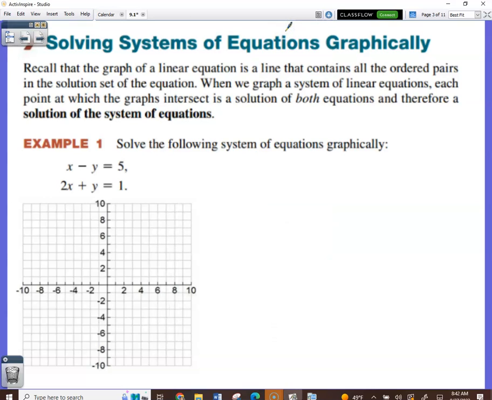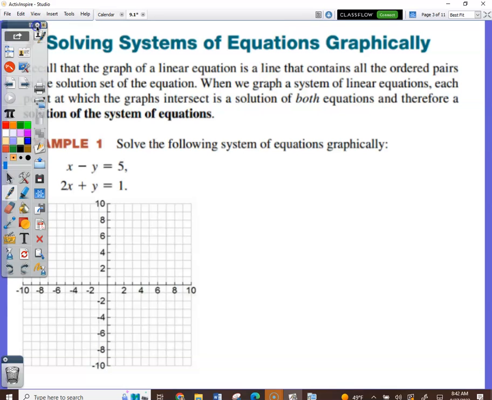Okay, this slide is to show you how to solve a system of equations graphically. So if you like to highlight your notes to set apart the difference between the slides, this is an example of solving graphically, which means you're relying on the calculator to do the job.